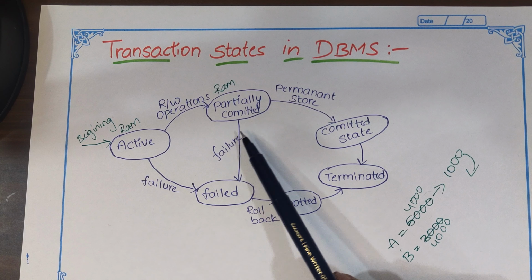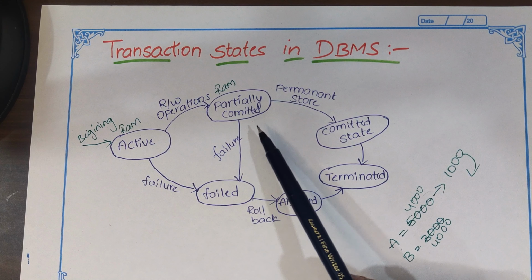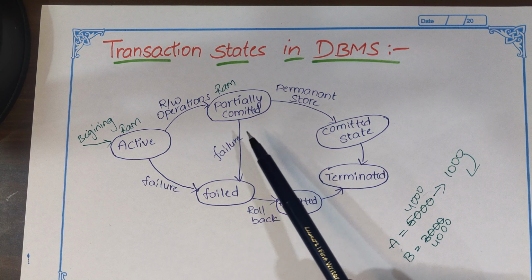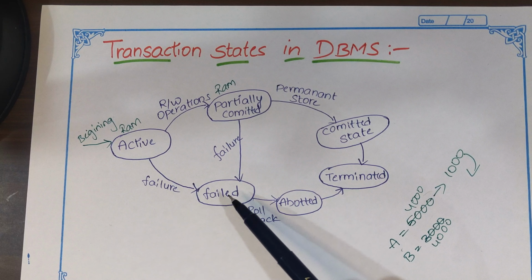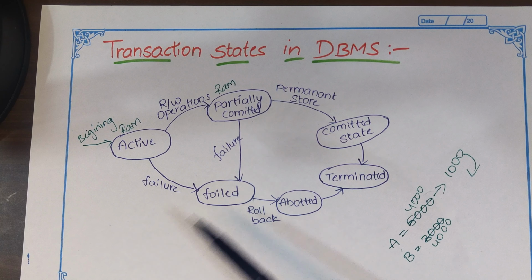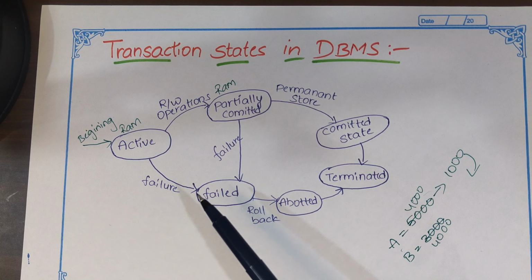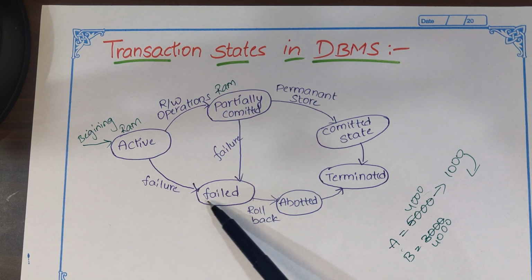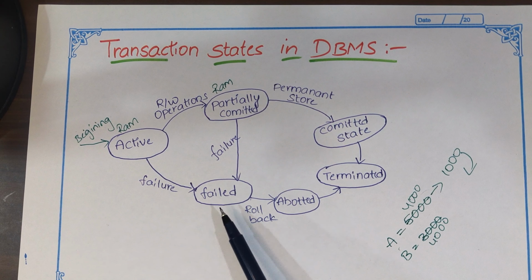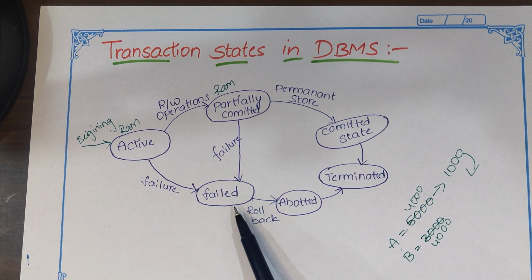Next, even after going to the partially committed state, there may be a very dangerous situation where it goes into the failed state because of power going off or sudden changes that are not permanently stored, right? A system crash, deadlock, or hardware problem, anything can happen in such cases. So it directly goes into the failed state. After that, all the details will be rolled back.